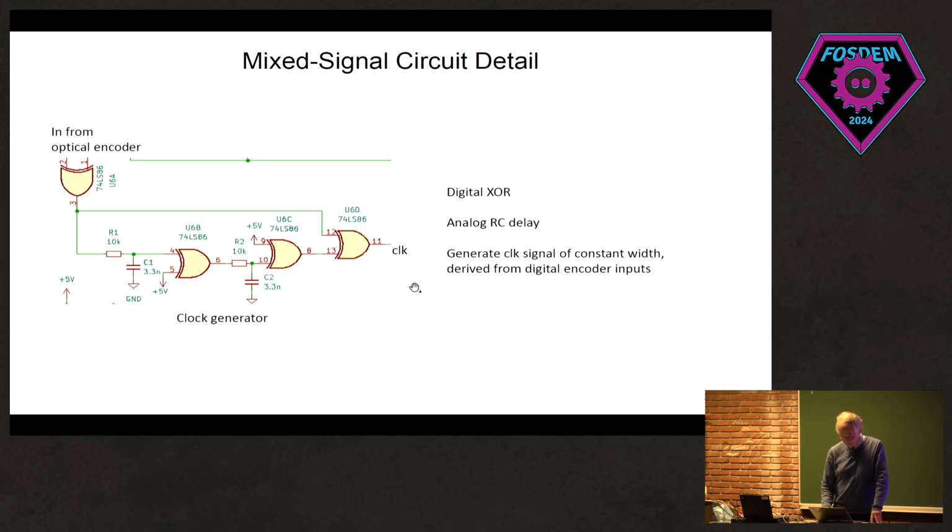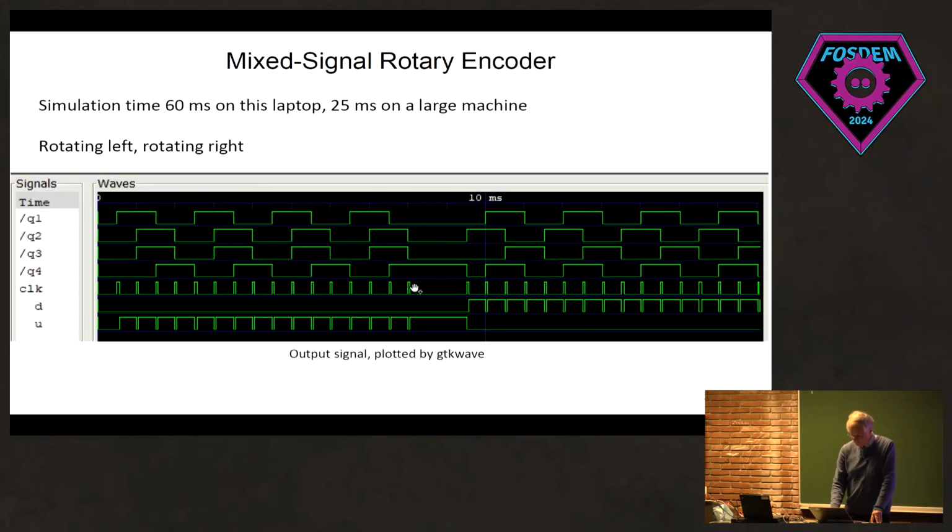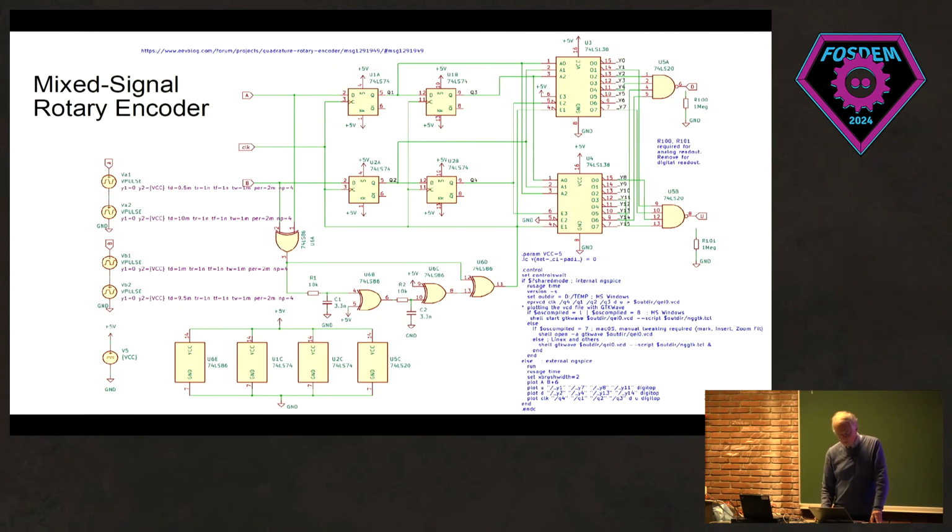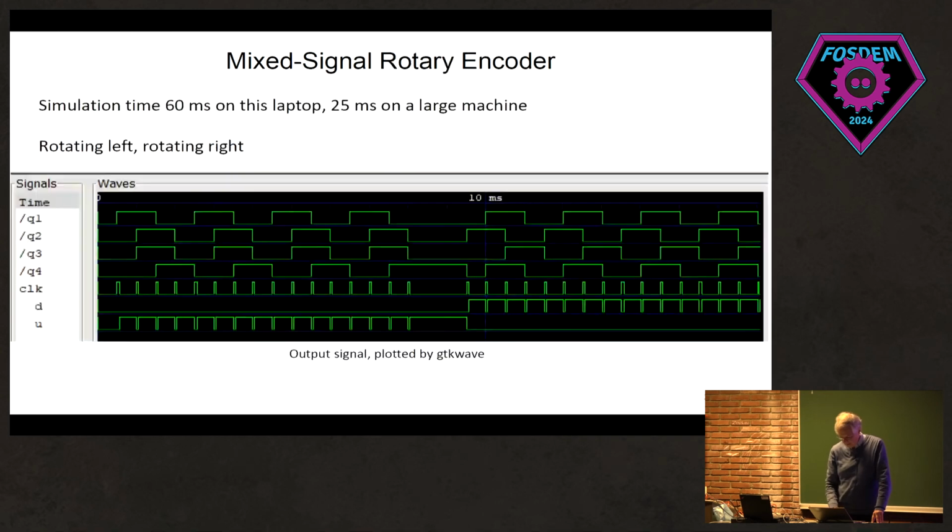And this is a clock signal generated in this circuit. And this circuit here, which is shown, is a rotary encoder. So an encoder which does give optical signals when it's turned around the one or the other way. And this is the digital output, again plotted with GTK wave. And you see this here, the Q1 signal is coming before Q2 signal.